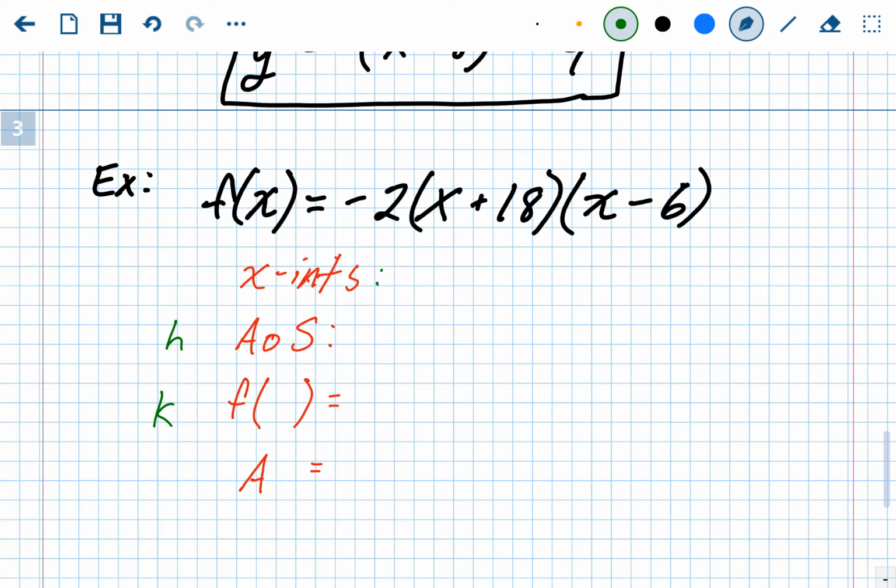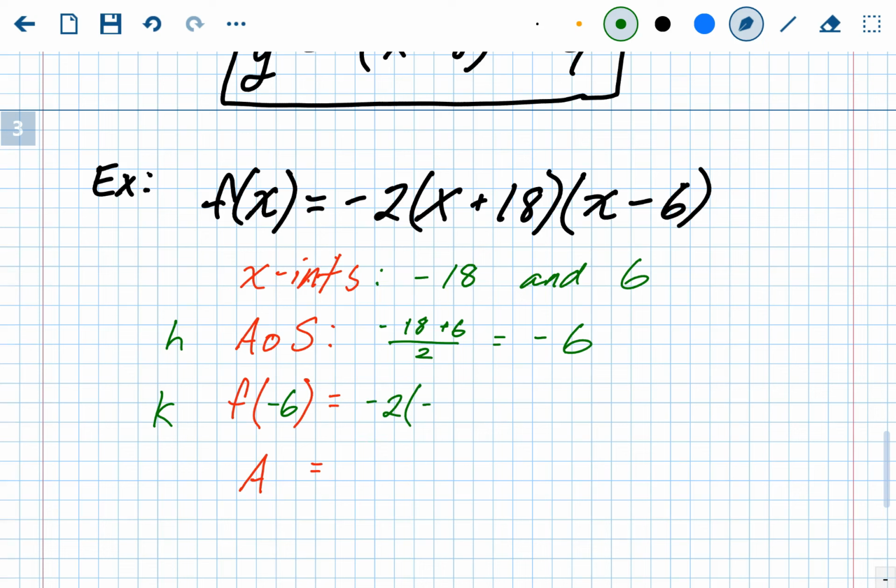All right, so the x-intercepts. x plus 18, so one x-intercept is going to be negative 18. x minus 6, so the other x-intercept is going to be positive 6. Axis of symmetry. Add those together, divide by 2. Negative 18 plus 6 divided by 2 is negative 6. Plug in negative 6 into the function.